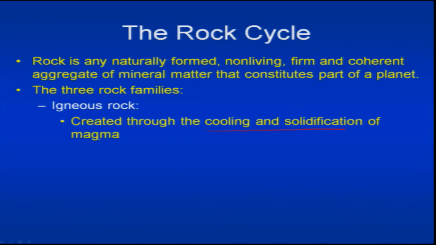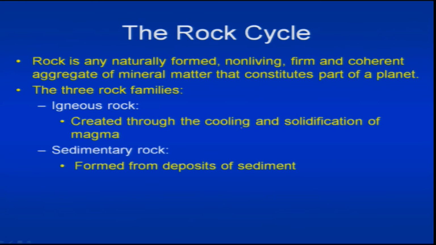This is very much related to plate tectonics, because not all places will you find magma coming up on the surface or volcanic eruptions. The source is volcanic eruptions, particularly magma coming up on the surface. So plate tectonics plays an important role in the generation of magma, and igneous rocks form through the cooling and solidification of magma.